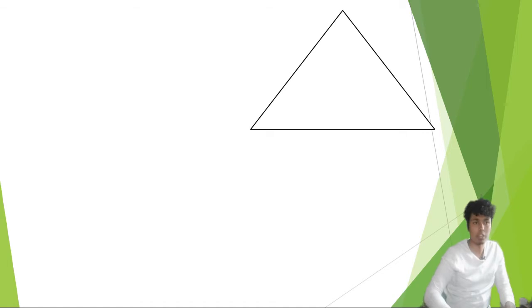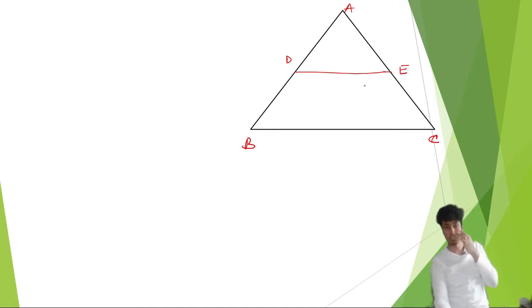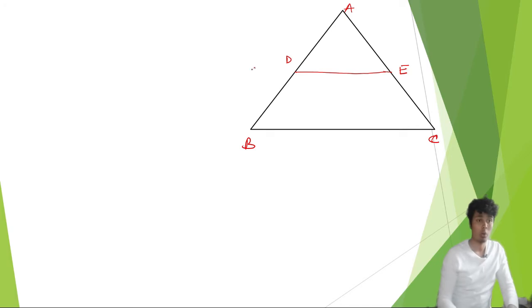Let us take this triangle once again so that it will be easy for us. Let us name it A, B, and C, and draw a line DE parallel to BC. Now it's simple. Before solving, let us write the given. Triangle ABC is given.